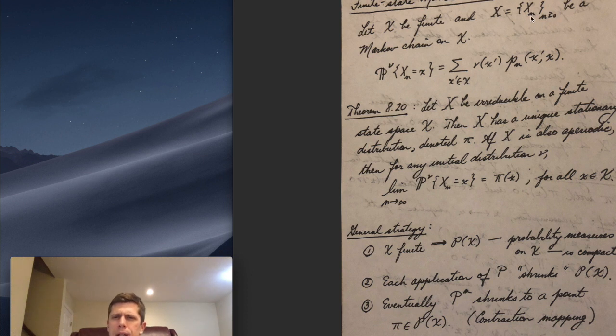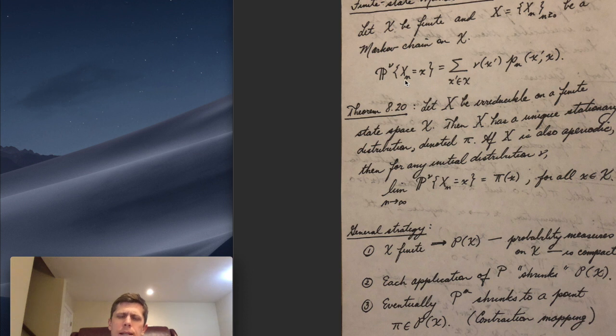indexed by n here. And I just remind you of this notation where the probability operator indexed with a superscript nu, that means that's the distribution of the state at time n. So there's a state at time n of the chain for each n.